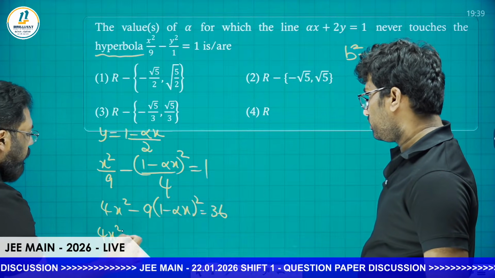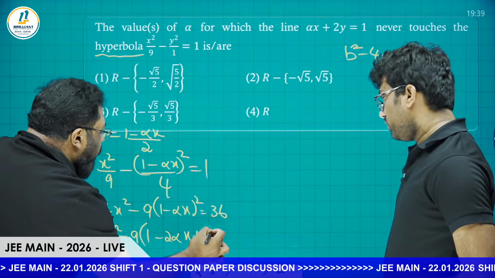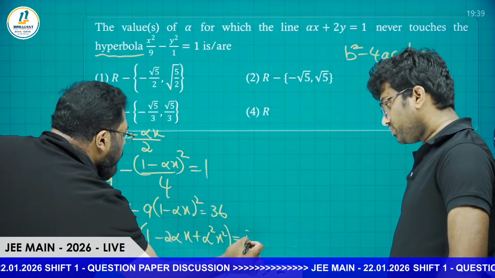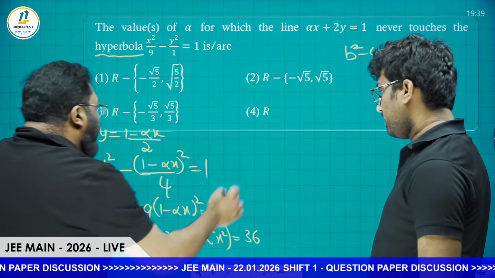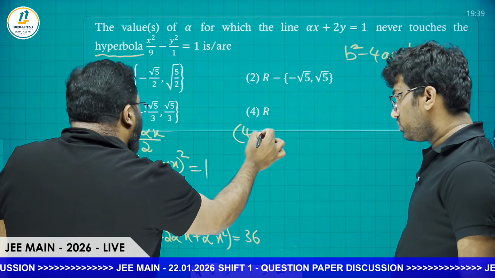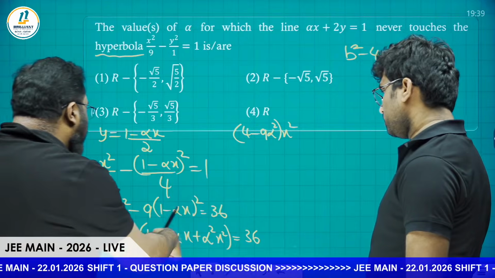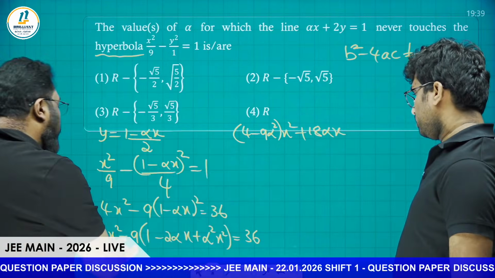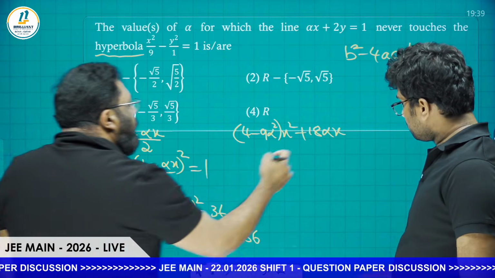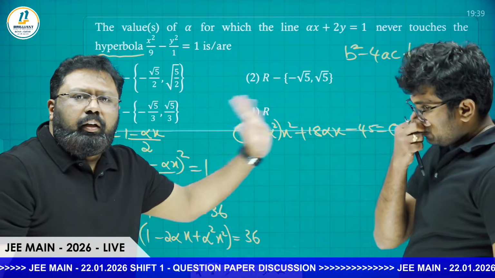So 4x squared minus 9 into (1 minus 2 alpha x plus alpha squared x squared) is equal to 36. Rearranging, the x squared terms give (4 minus 9 alpha squared) x squared. Then the x term is plus 18 alpha x. And then you have minus 9 and minus 36, which is minus 45. This is your quadratic equation.